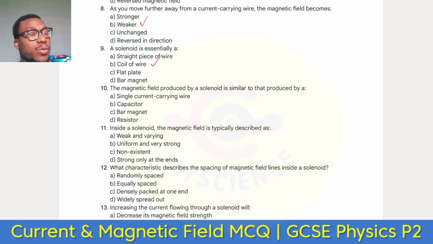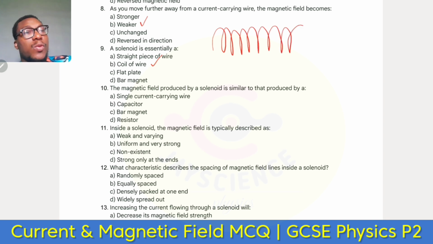Now, for a straight line wire, the magnetic field isn't that strong. But if you want to make the magnetic field much stronger, you can take that single wire and then coil and coil and coil it. So the wire will give you the strength of multiple wires.